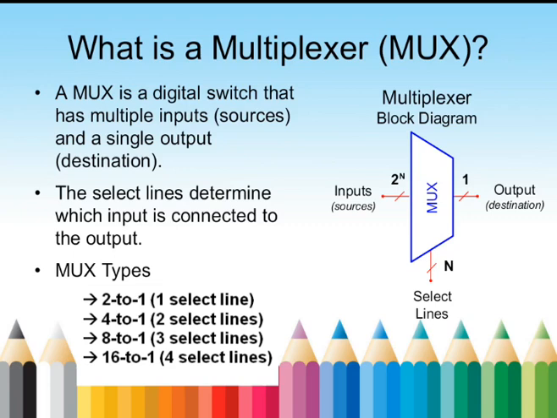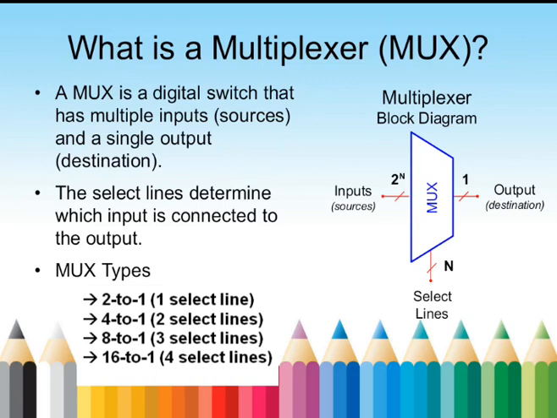Normally, there are 2 power n input lines and n selection lines, whose bit combination determines which input is selected. Therefore, a multiplexer is many to 1, and it provides the digital equivalent of an analog selector switch.